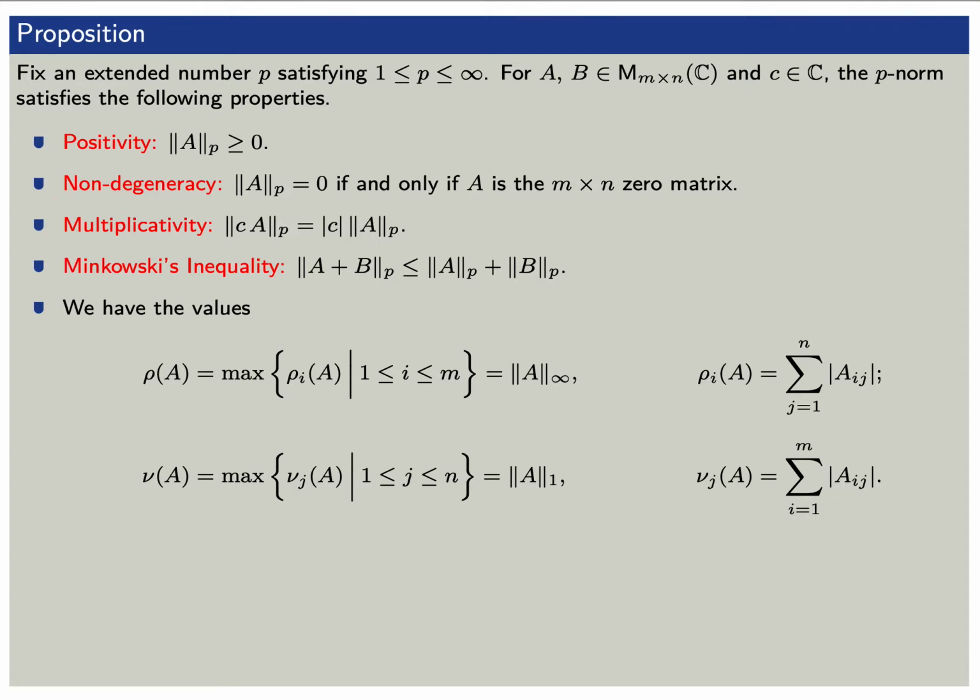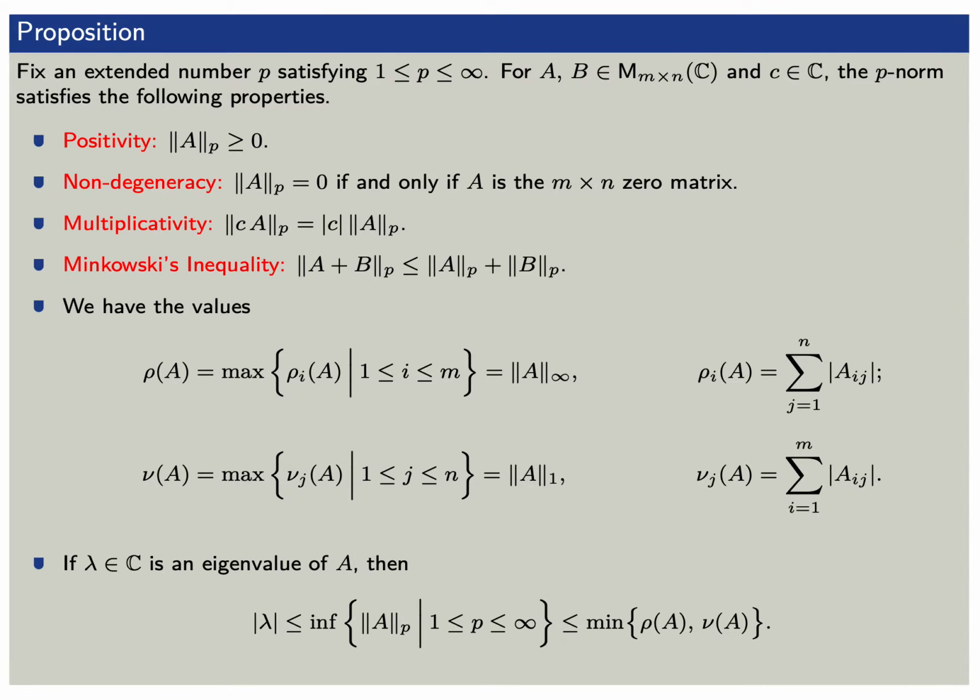This is equal to the infinity norm of our matrix A. Similarly, let nu sub j be the sum over the absolute values in column j. And we'll denote nu of A as the max of these nu sub j's. Then this is equal to the 1 norm of our matrix A.